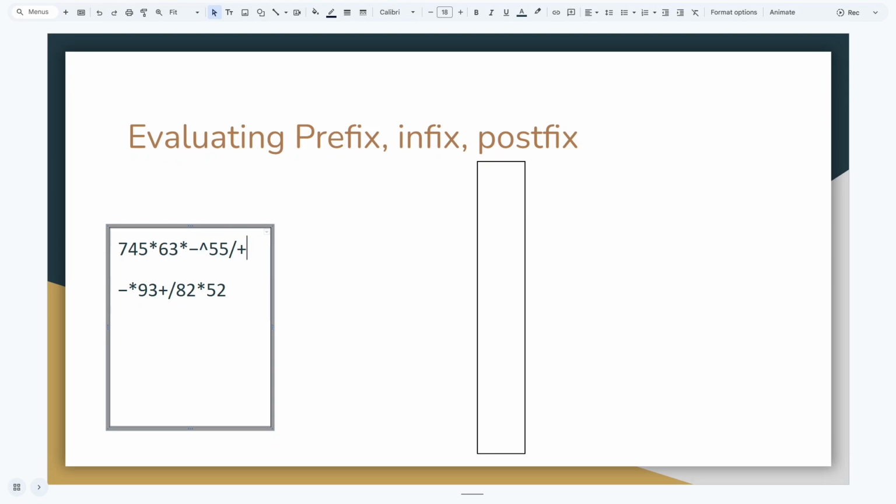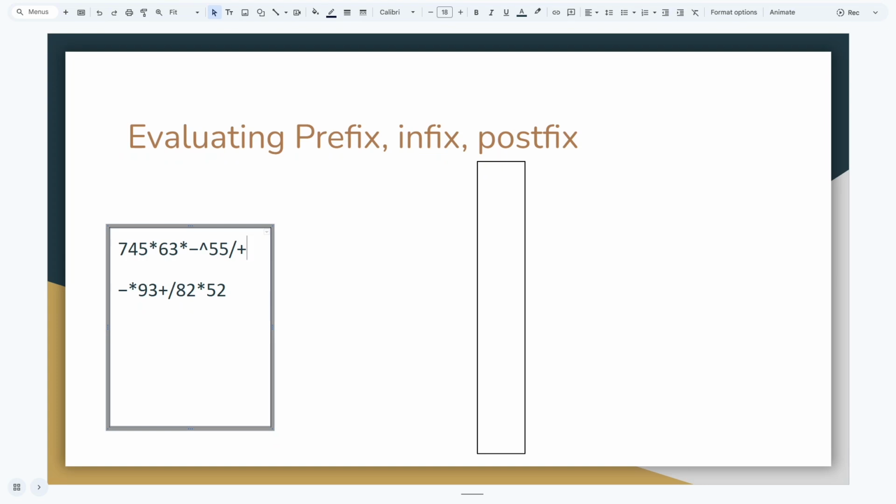I'm going to show you how to directly convert this into an answer without going through infix. And then I'm going to show you a quicker way, if you can understand it, called the stack method. But first, let's start with this.